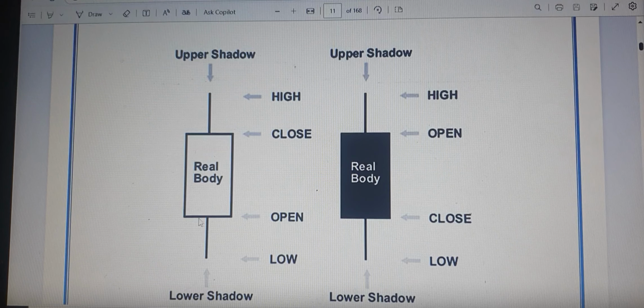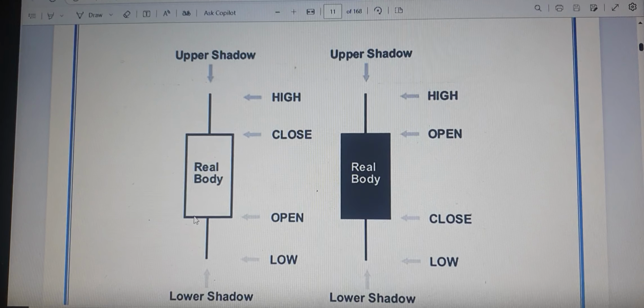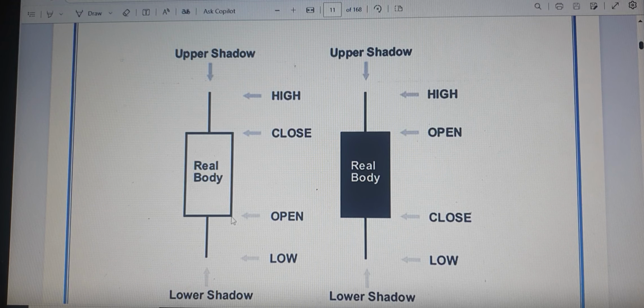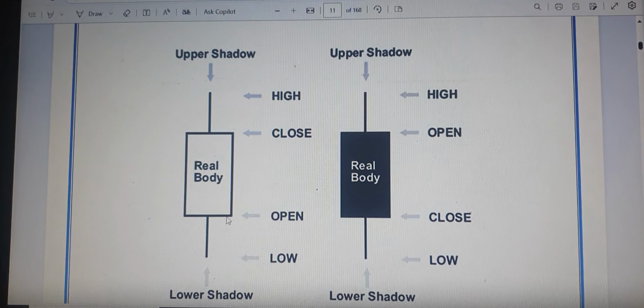When it's formed, it just starts like a line. Then as time goes on, it starts forming what we call wicks and bodies. So the candlestick opened from here. Why do they say it opened from here and closed from here, yet we see these wicks as part of the candlestick?